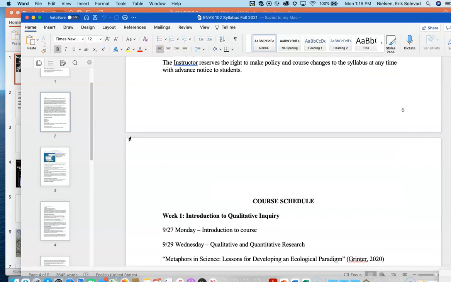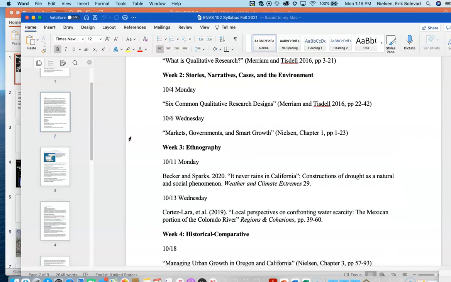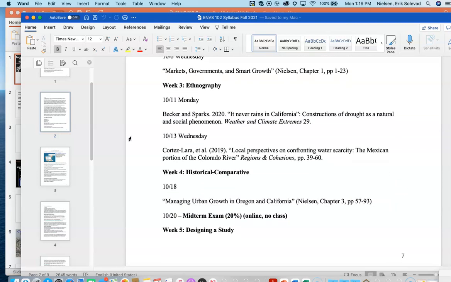So, again, that's sort of where we are in the class, just getting down to the calendar itself. So last week, you read about the different types of qualitative research that has been done in California, specifically regarding the drought, as well as on the Mexican side of the Colorado River.